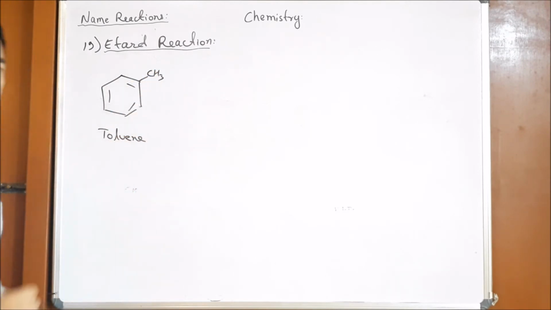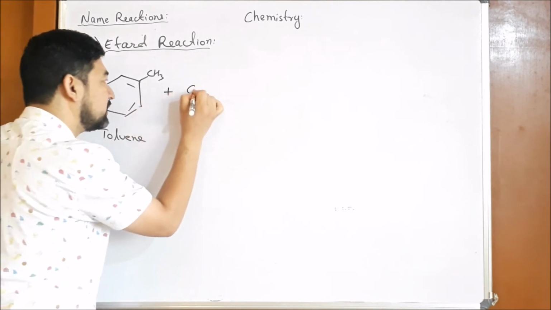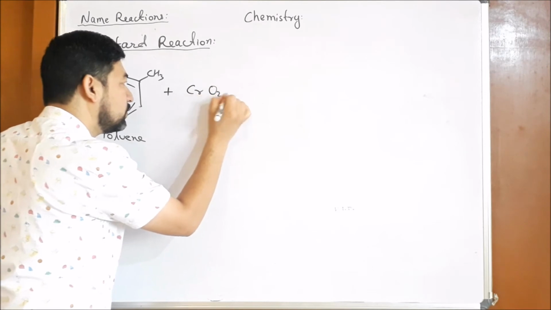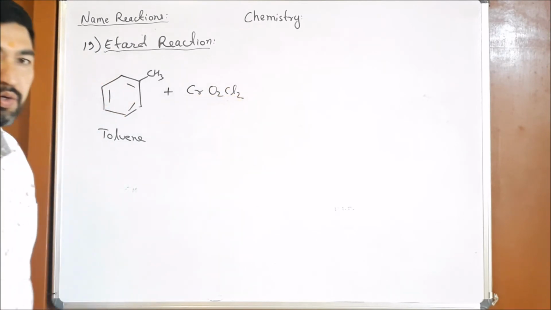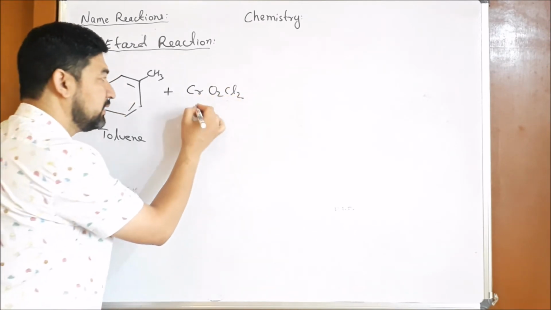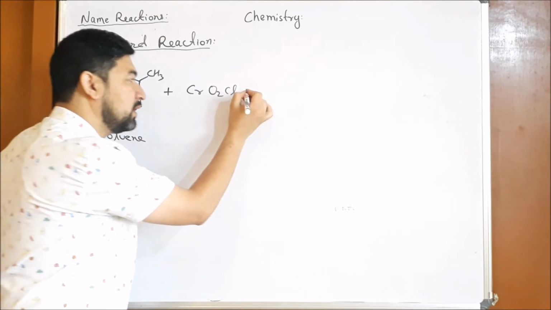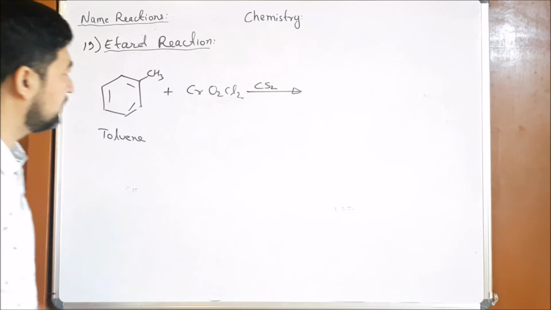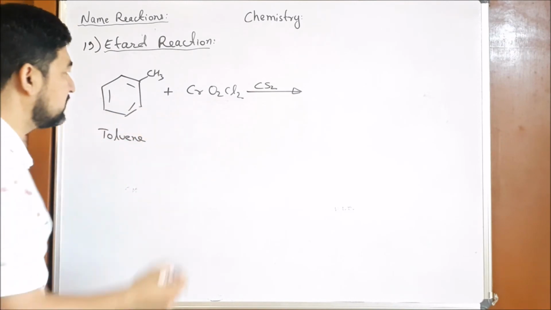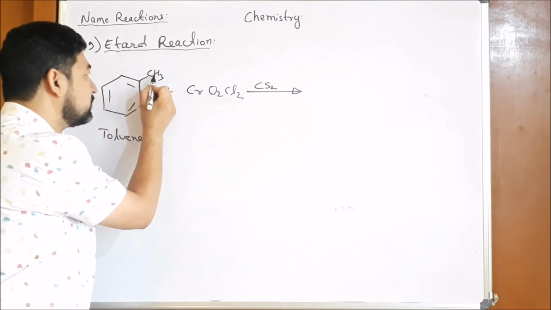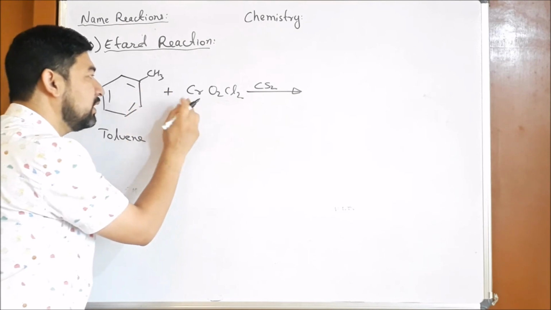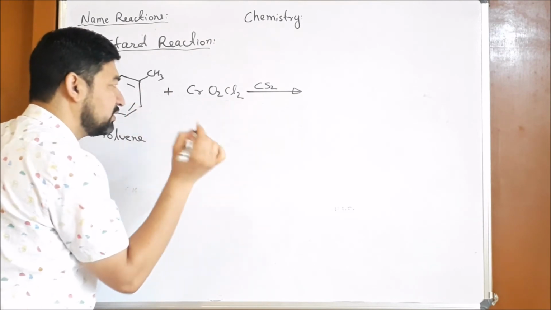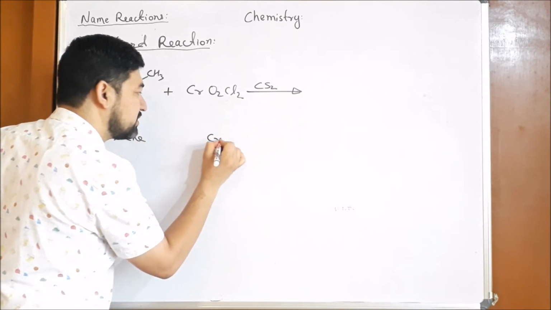When this is treated with chromyl chloride, CrO2Cl2, in the solvent carbon disulfide. Now, two molecules are utilized here, so two of the H will be replaced by this molecule. You have to remember the structure is something like this.